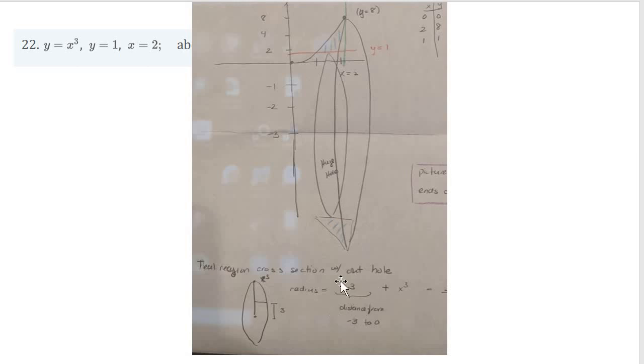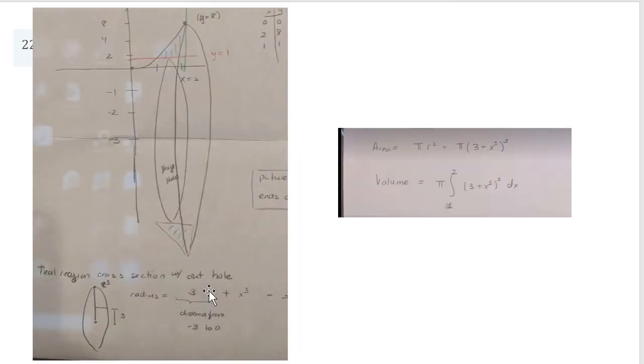So this is my radius. It's the distance from minus 3 to 0, which is 3, and then the function, x cubed. So the total volume is going to be pi r squared again, but my r is now 3 plus x cubed, squared. It looks funny. It looks like a cube, but it's a squared. And my a to b goes 1 to 2.